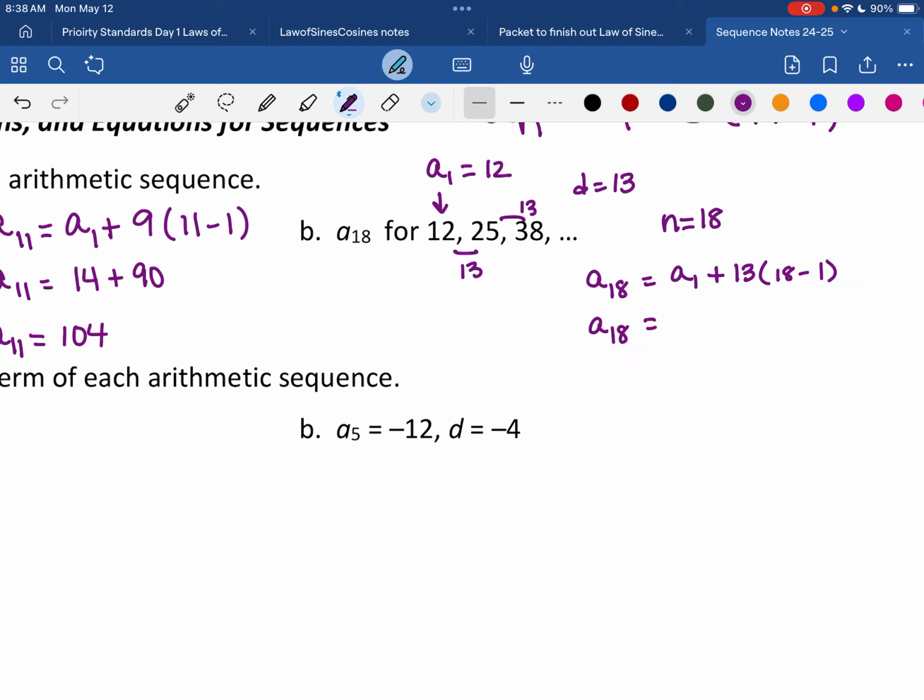A18 equals 12 plus 13 times 18 minus 1, which gives me 221. So A18 equals 233.